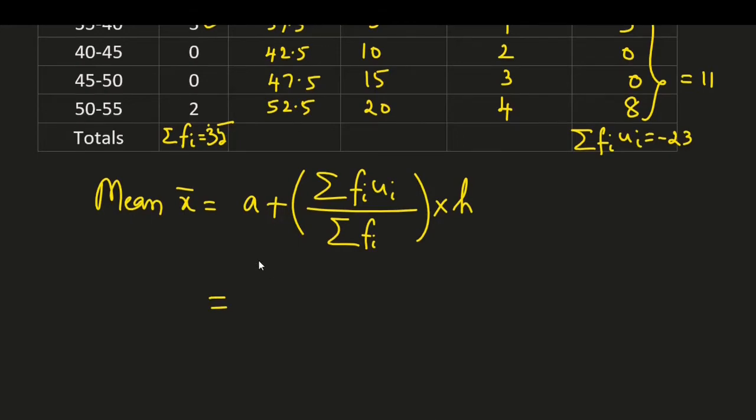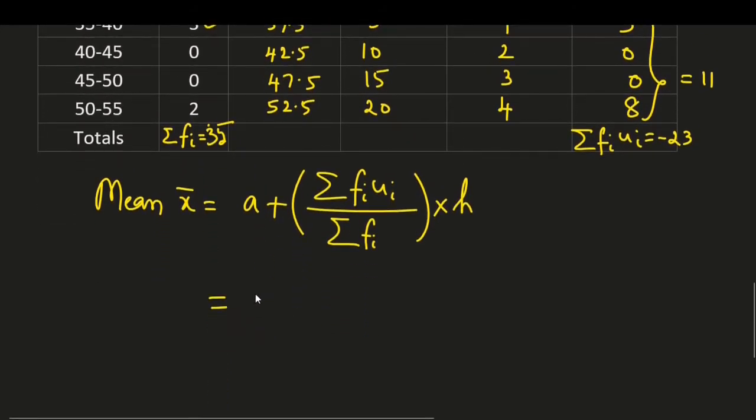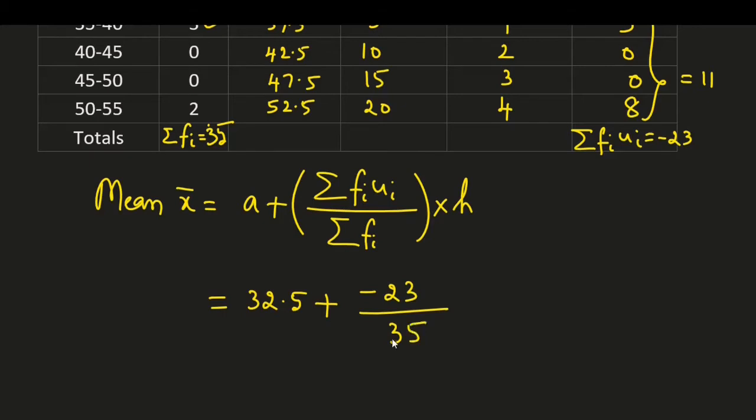A is, we have chosen a as 32.5, plus sigma fiui is minus 23 by sigma fi is 35, into h.